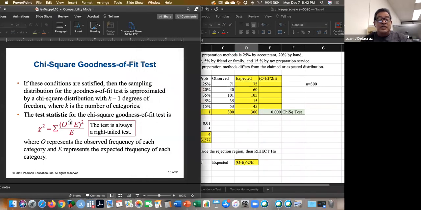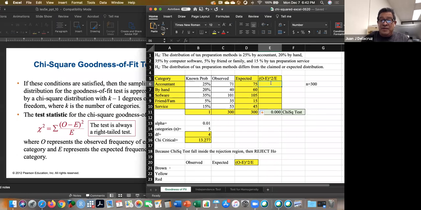We have to subtract the expected from the observed, square it, and then divide it by the expected, right? So I'm going to build a formula: open a parenthesis, the observed minus the expected, then square it to the power of 2, and then divide it by the expected. So that is my first value.